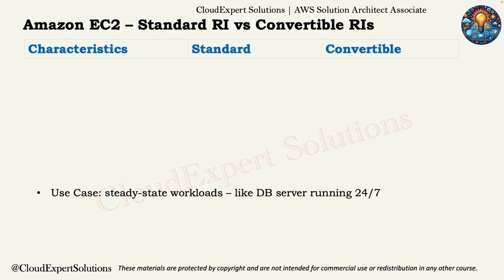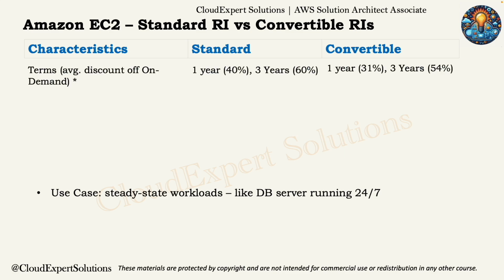Now let's compare standard reserve instance with convertible reserve instance. If you compare the term versus the discount, for standard reserve instance, you will get 1 year with 40% discount, but if you go for 3 years, you will get 60% discount. Since convertible reserve instance provides less savings than standard, but with greater flexibility, convertible reserve instance will provide 31% compared to your on-demand pricing if you reserve for 1 year, whereas 54% for any 3-year reservation.